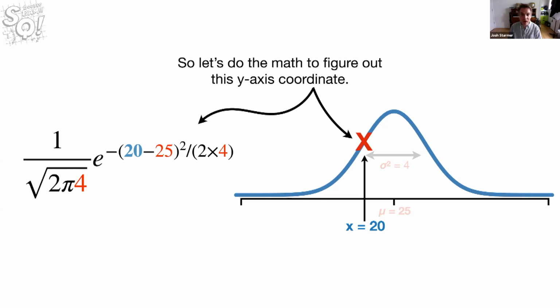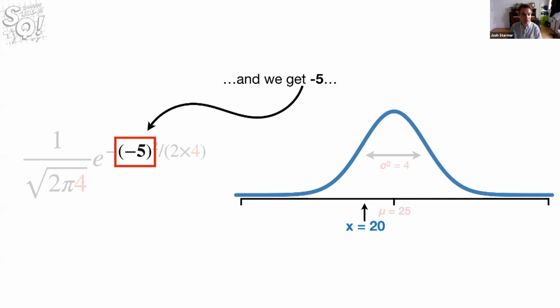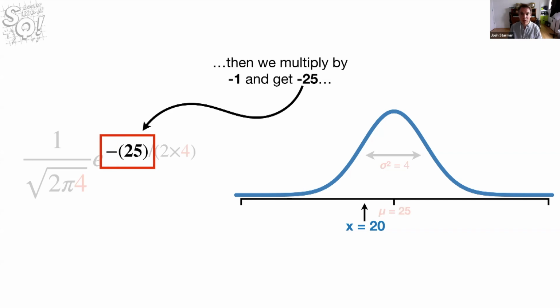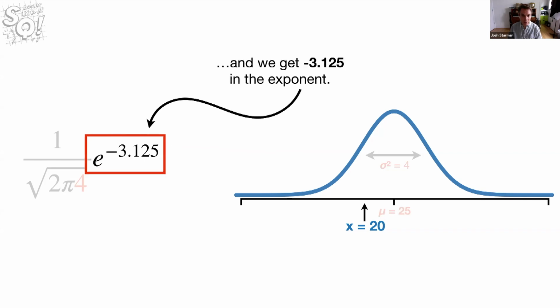So let's do the math and figure out this y-axis coordinate. First, we subtract 25 from 20, and we get -5. Then we square -5 and get 25. Then we multiply by -1 and get -25, which we divide by 2 times 4, which is 8, and we get -3.125 in the exponent. e to the -3.125 is 0.04.